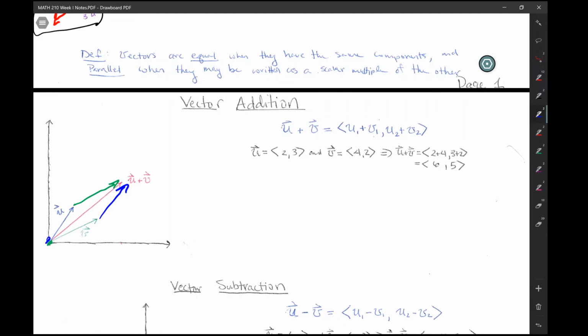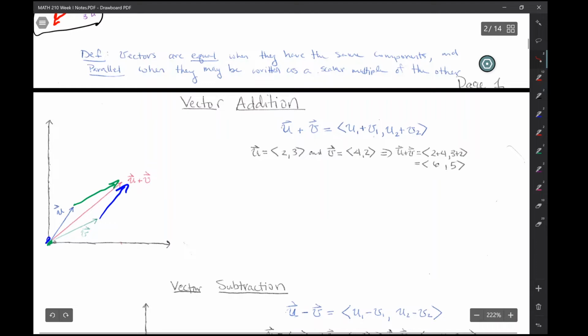And notice that u plus v is basically the vector that you would get if you take the tail of v, for example, and connect it to the head of the vector u once you attach the vector u to the head of v. Or you could have thought about it in another way.